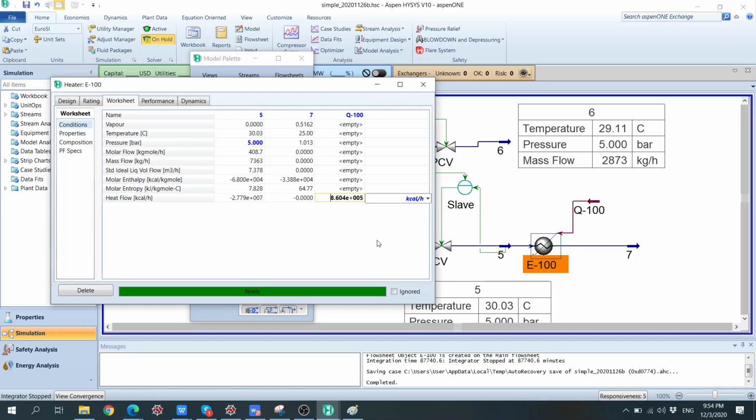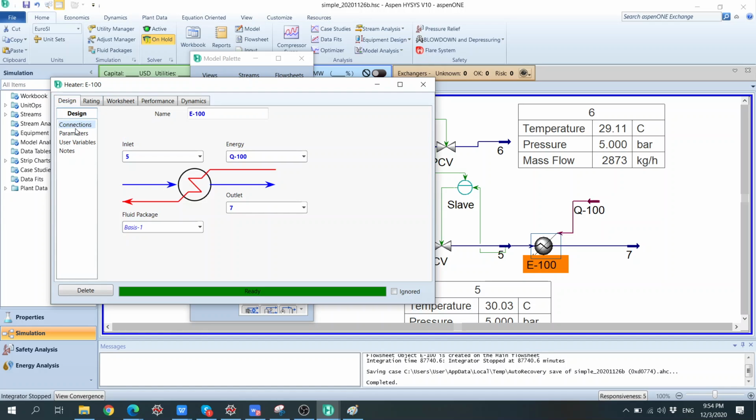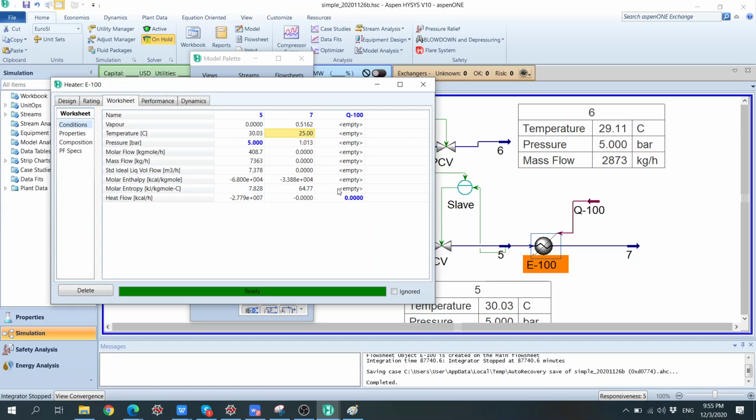Let's see if I increase it, because we are not running this, but in any case, if I remove this, so to say, and then say for example 20 degrees C. Oh, it's not running, yeah.